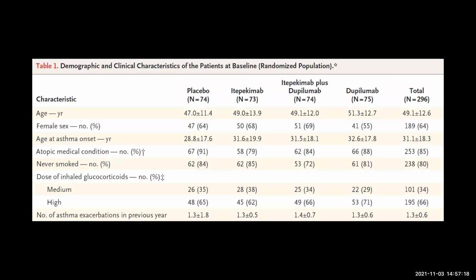This is a table from New England Journal of Medicine, and it shows table 1, the baseline demographic characteristics. Notice that they have used the plus-minus sign, which is not recommended. It should be a comma generally, but again, you have to look at your journal style and see what they want.